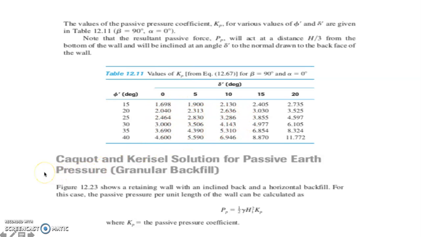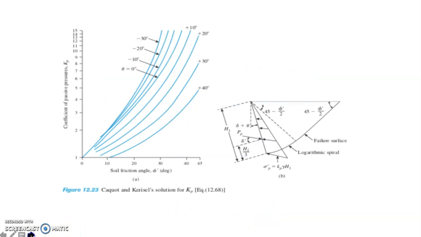Then we have Caquot and Kerisel's solution for the analysis of passive earth pressure having a granular backfill. In that case, our passive pressure per unit length of the wall can be calculated using this equation, 1/2 gamma h squared times K sub P. Of course, K sub P is the passive pressure coefficient.